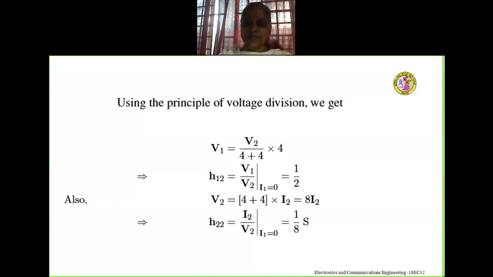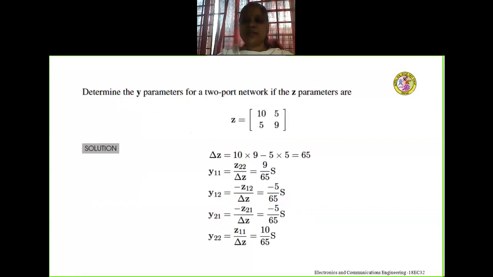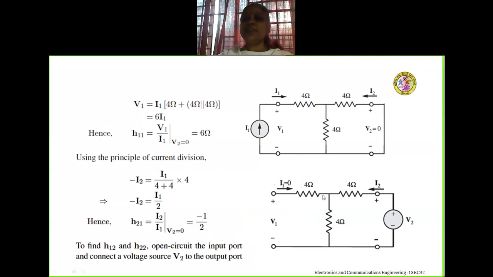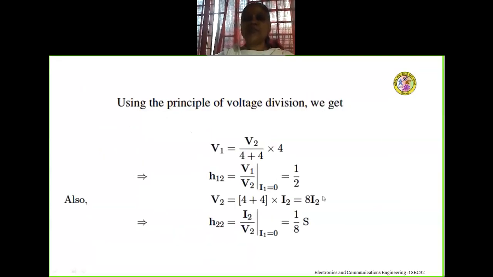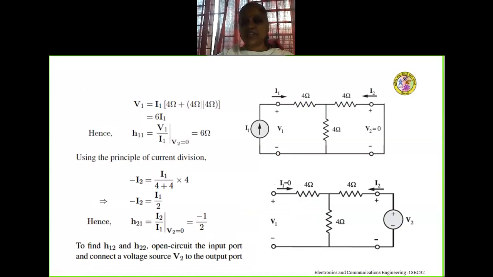So similarly, V2 is equal to 4 plus 4 into I2, because the current through the 4 ohm resistor is I2 since I1 is 0.